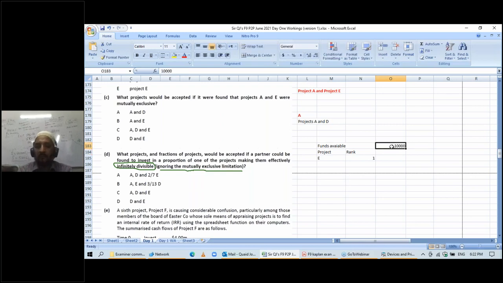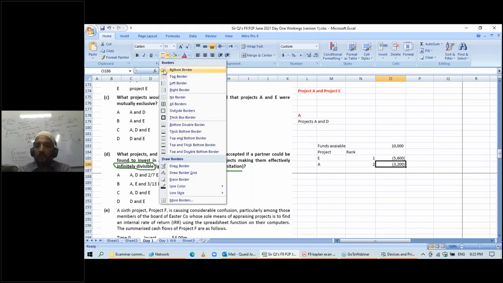I've taken dollars in thousands. So first of all, in project E, the investment amount required was 5,600. Then we will invest in project A. After E, the second-ranked project was A, and it needed 3,200 of funds. So 3,200 is invested in project A. Now you are left with how much? 1,200.